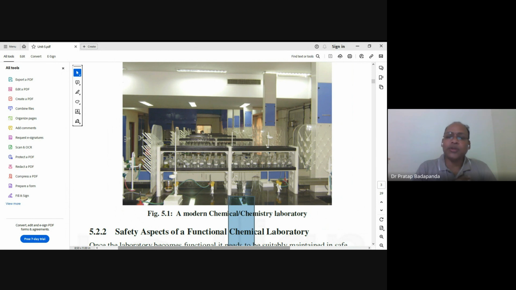As I told you, in the picture you will see two persons working per station. Those are two working stations. All the equipment will be there, and on that basis you have to do the work.